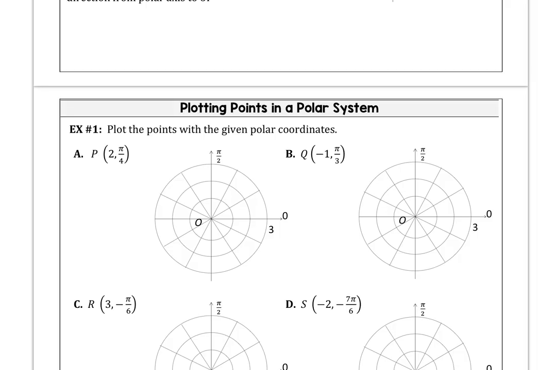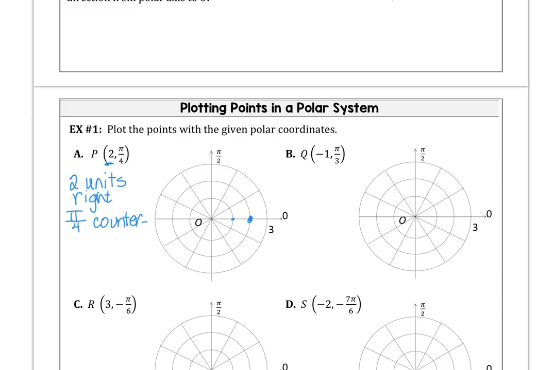I like to think of these this way. If r is my radius, I want to go 2 units from the pole, 1, 2. So I want to start right here, and pi over 4 is a counterclockwise rotation. So we can think of this as going 2 units to the right, and then going pi over 4 for our angle measurement, counterclockwise.